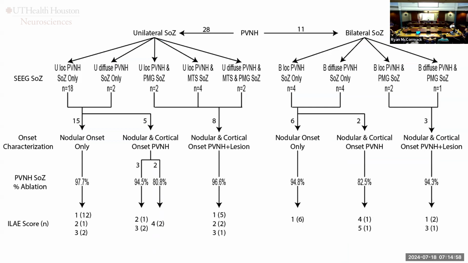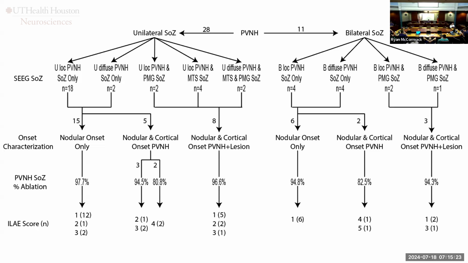Here, this is looking at the comment that was made earlier, which is how much actual PVNH needs to be ablated to have good outcomes. Previously it was unknown if these were usually nodular onsets, meaning it was coming from the PVNH, or if it was coming from PVNH and other surrounding tissue, or PVNH in other locations as well.